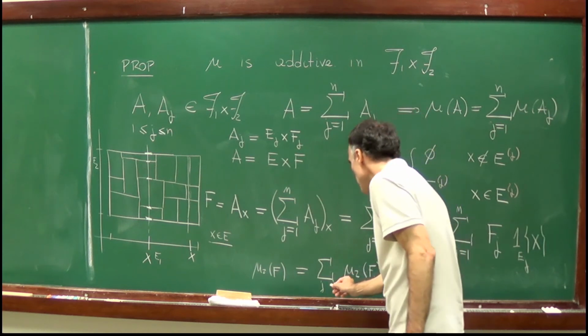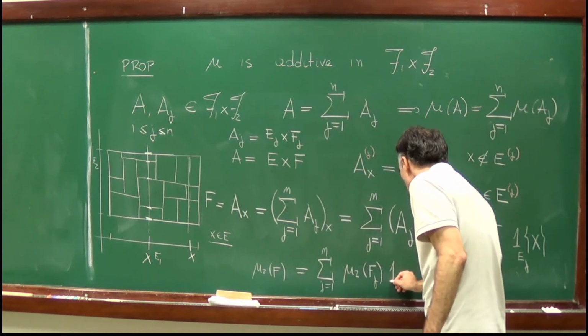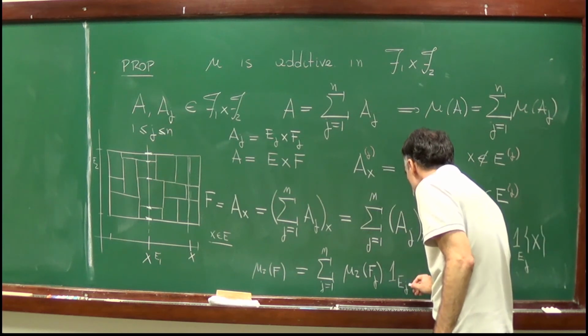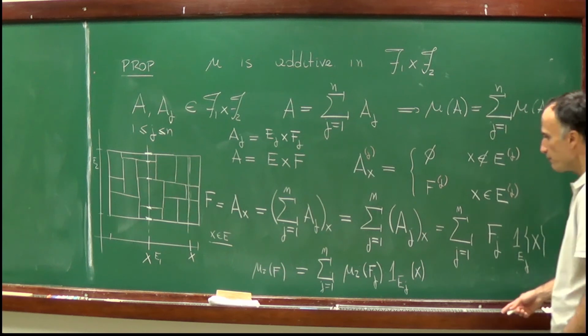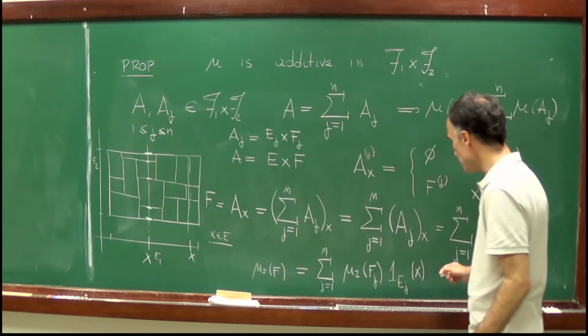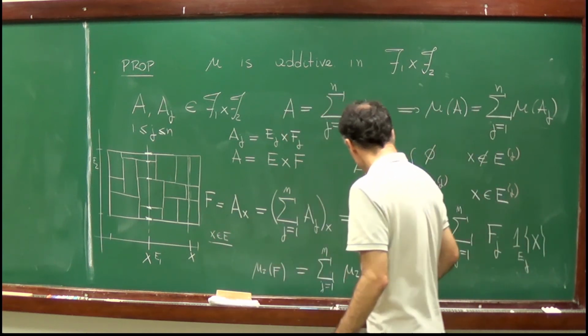But I'm not summing here over all j's, only over those j's for which x is an element of E_j. So we have this representation provided x belongs to E.